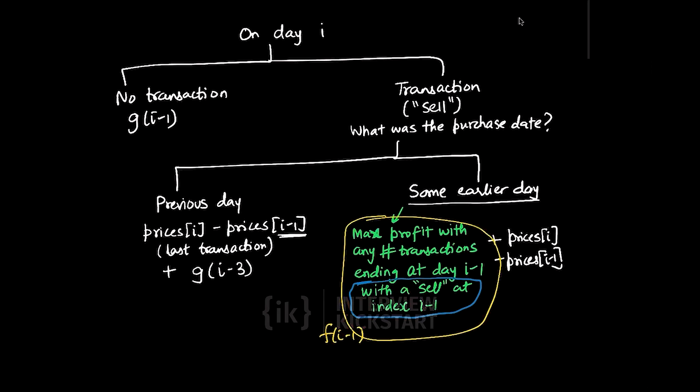Yeah, because what we want is the maximum profit. So we want to extrapolate this to day I. That is why we are adding this. So from our purposes on day I, if there is a transaction, then we want to make sure that we maximize the profit up to index I, keeping in mind that transaction.